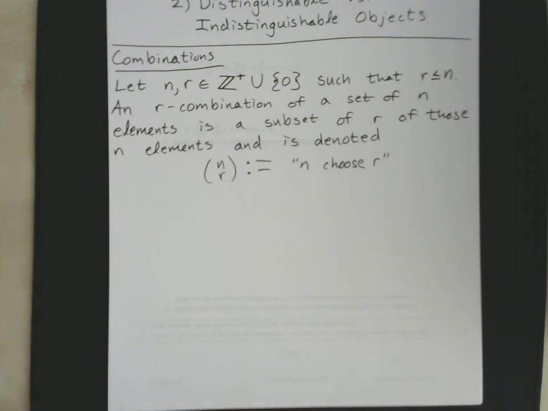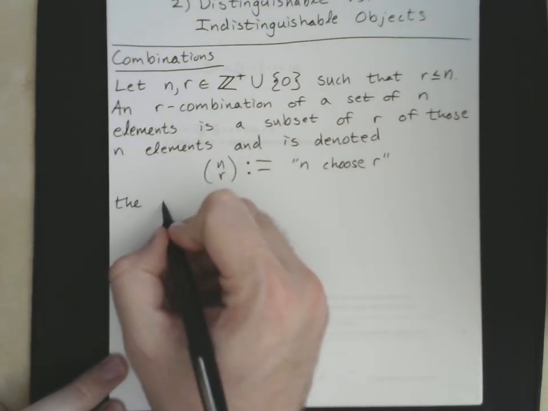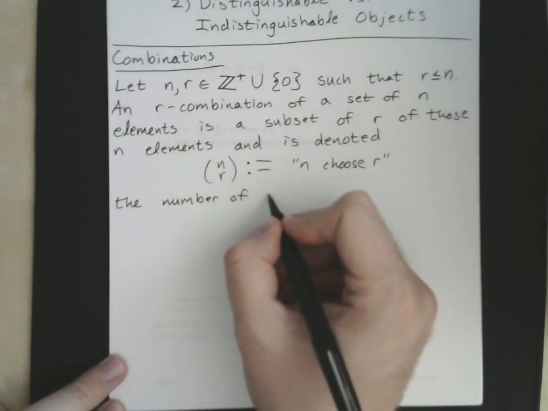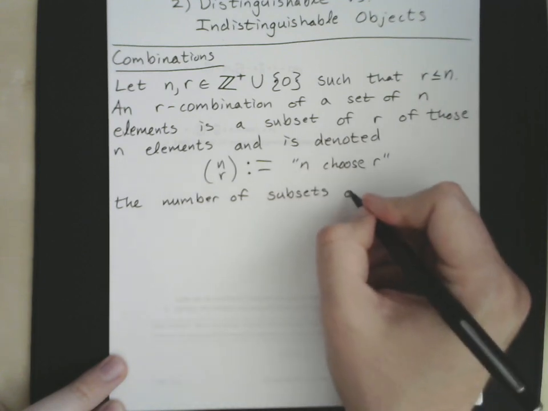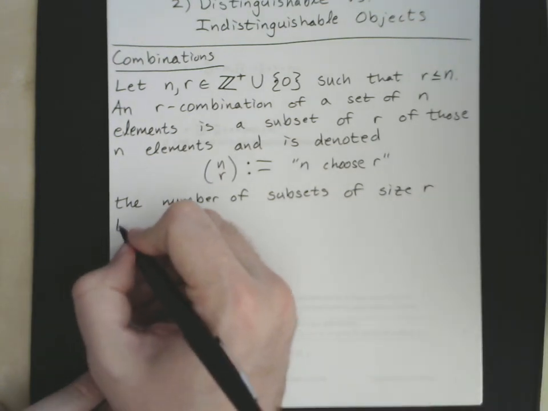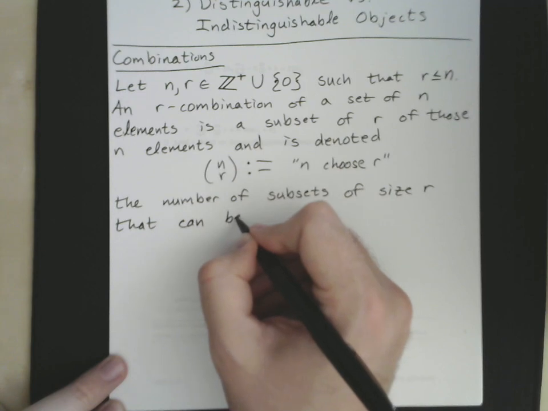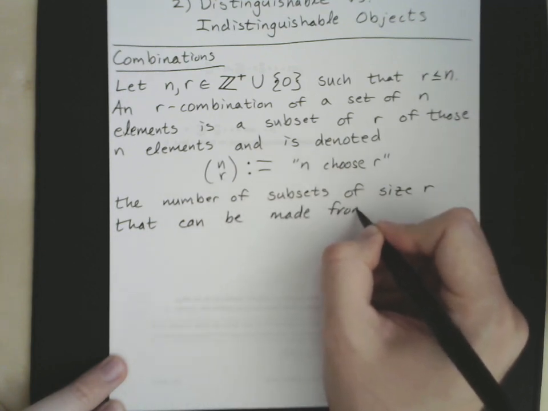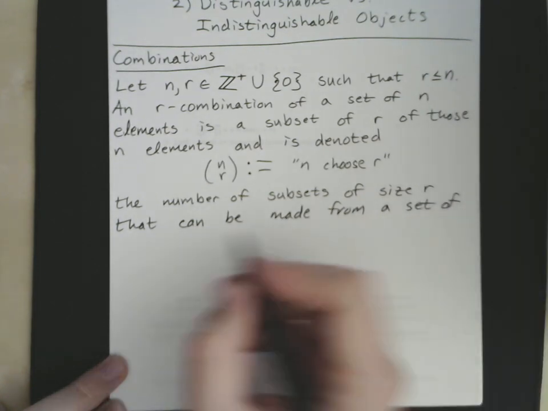Some of us might be familiar with n choose R. This is the number of subsets of size R that can be made from n elements, or from a set of size n.